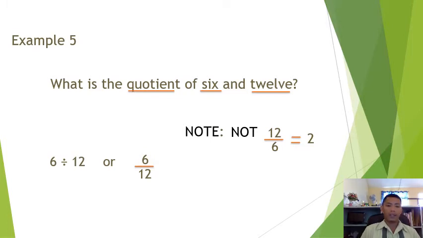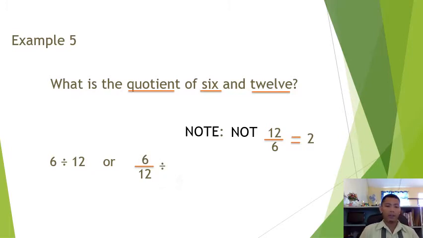Numerator is less than the denominator, meaning the value here is less than 1. Unlike in 12 over 6, numerator is greater than denominator, meaning the value is greater than 1. That is 2. Okay, since 6 over 12 is less than 1, we may rewrite this in simplest form.